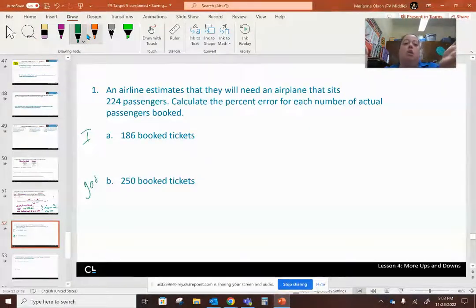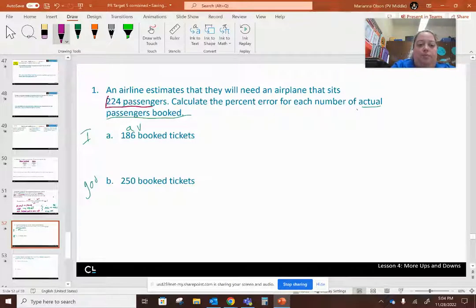We're going to sell 200. We'll need 224. However, they only booked 186, my actual passengers booked. So this is my actual value. And again, this was my estimated value. This was what we estimated.